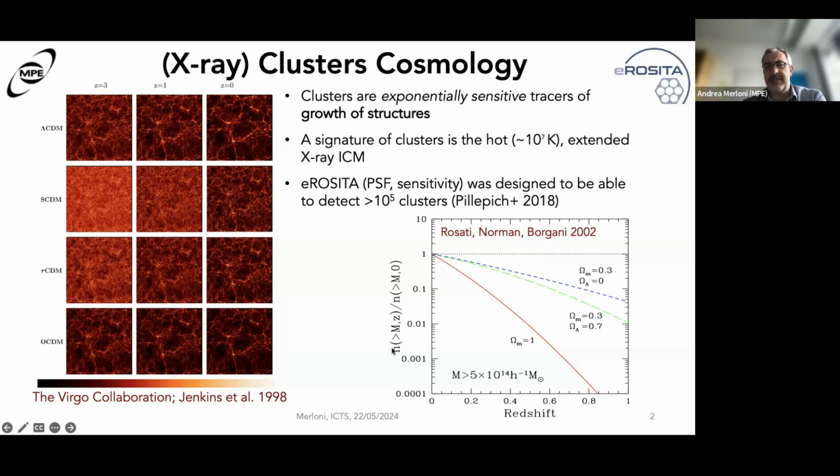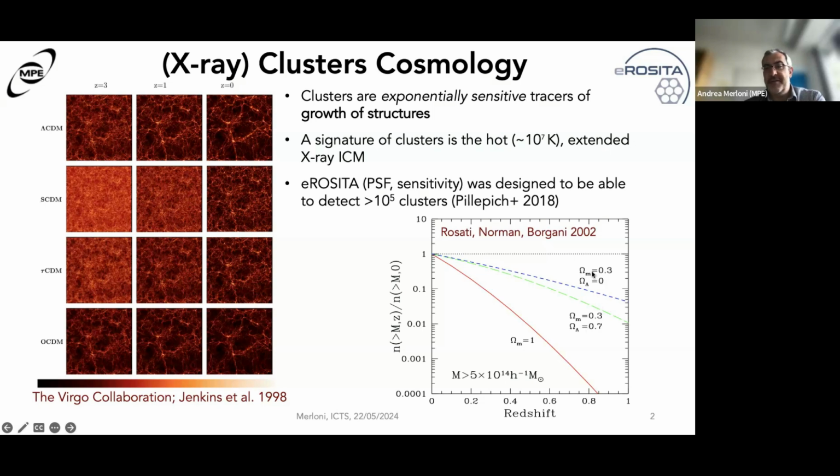This is just the simplest statistic you can build, counting halos. So this is the number of halos bigger than a certain mass. Here in particular is the biggest cluster scale mass, 5 times 10 to the 14 solar masses, normalized to their redshift 0 number density as a function of redshift for different cosmologies.